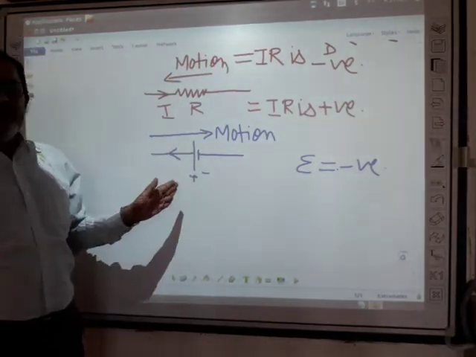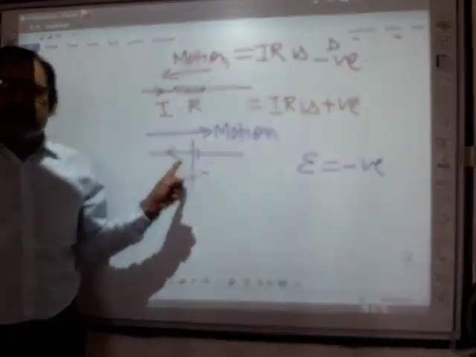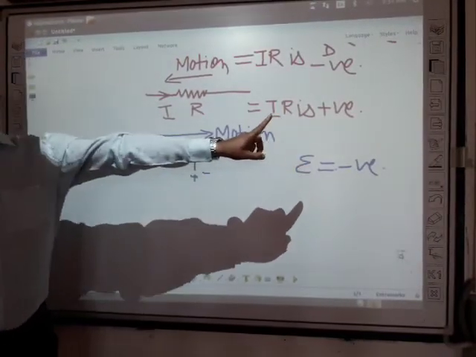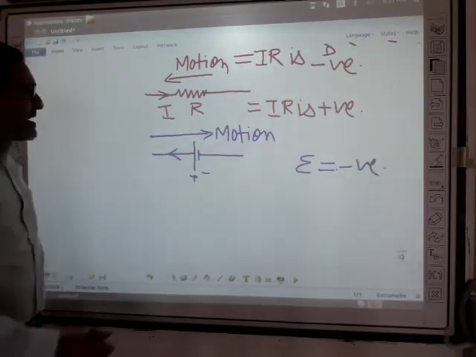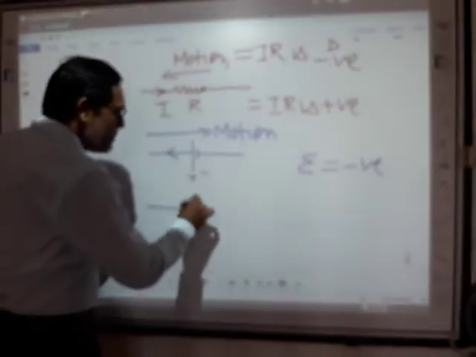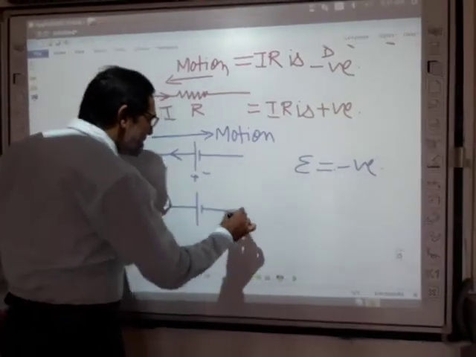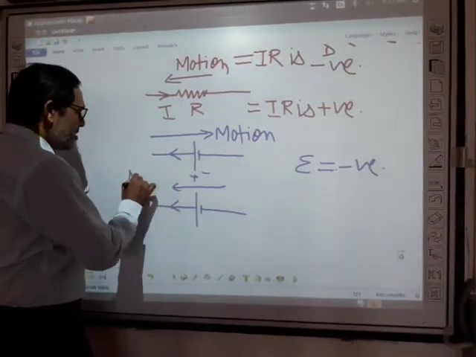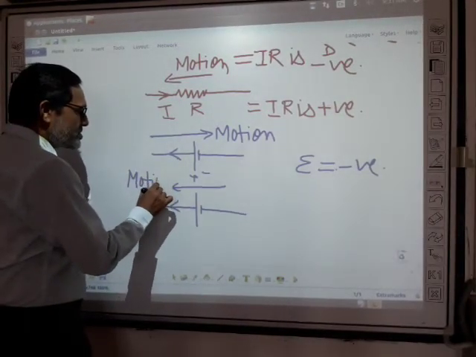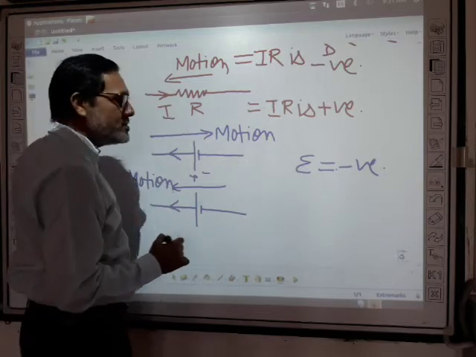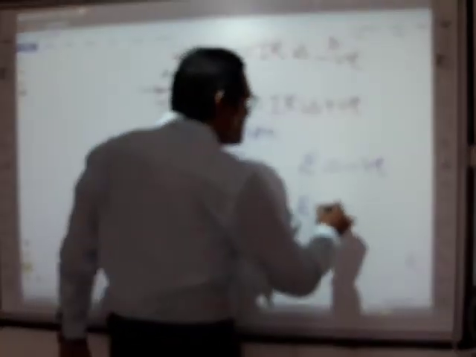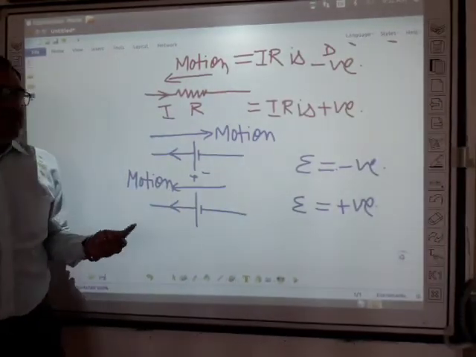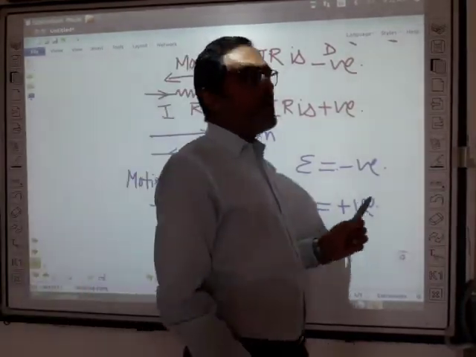What is the value of EMF of this cell? Suppose this is 5, so this comes as -5. And if the direction of motion is opposite, then the EMF is to be taken positive.